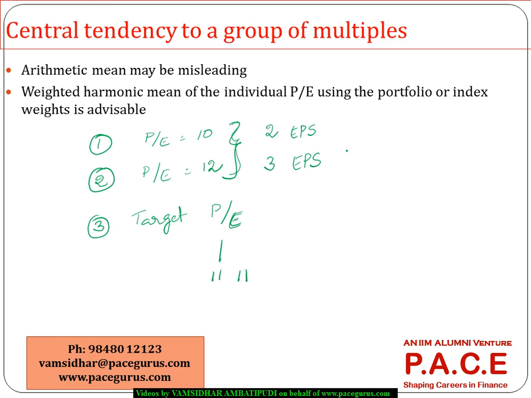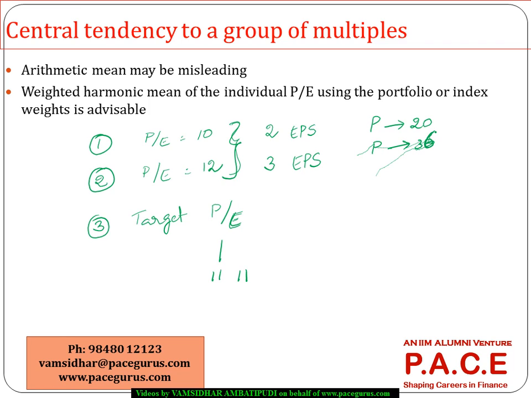Now, what is happening if I want to find out the combined P/E ratio based on this group of multiples? One way is to directly find the P/E average, or go a little further: the price for this is 20, the price for this is 36.